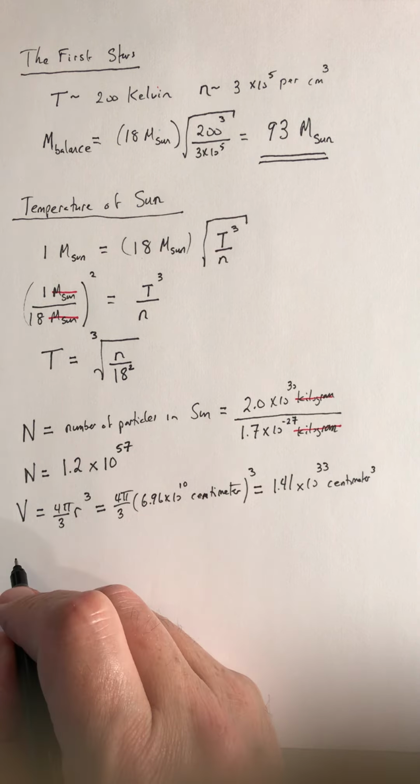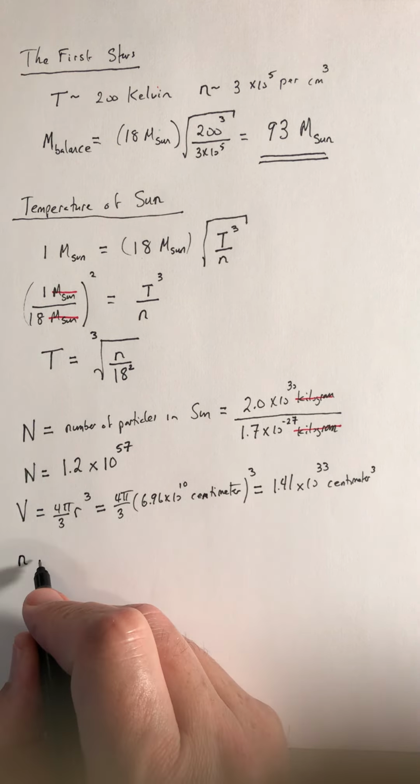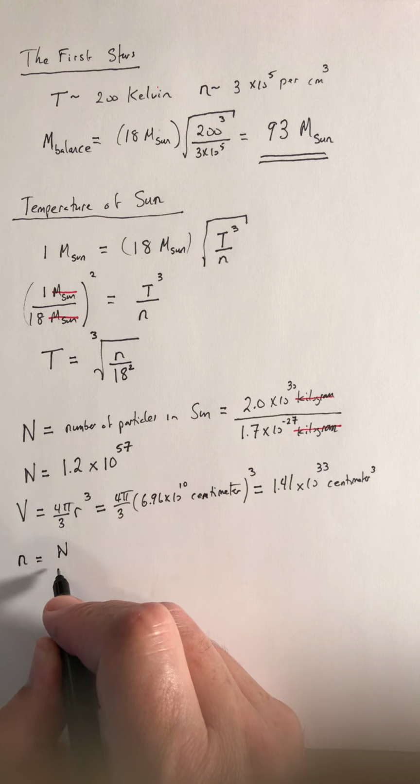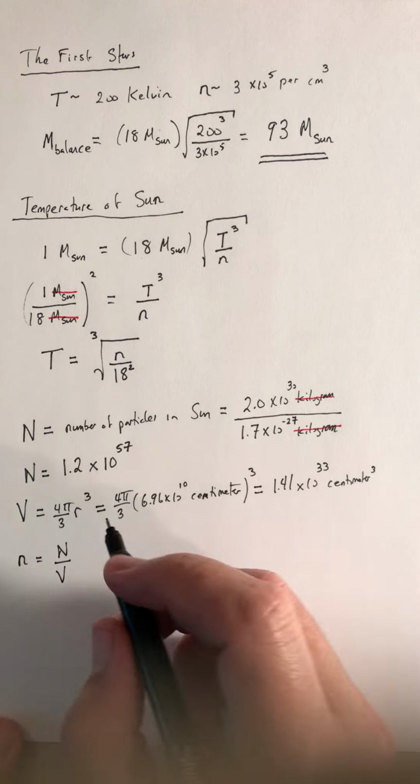So finally, number density of particles is the total number of particles over the total volume of the sun.